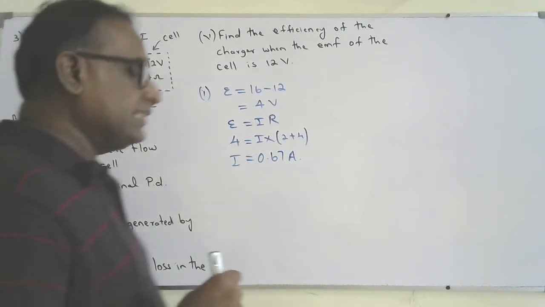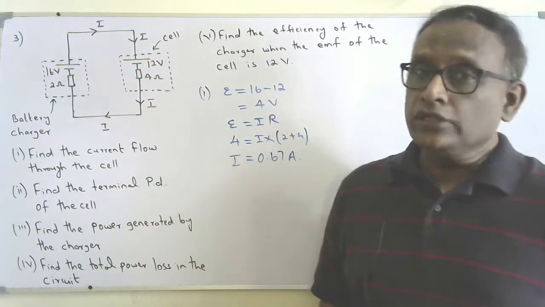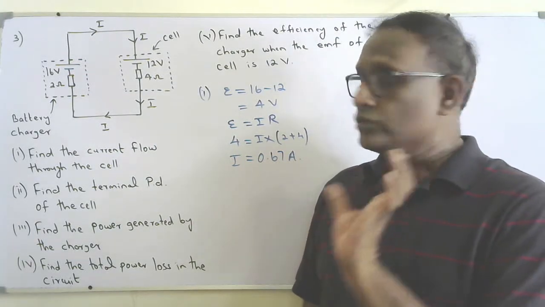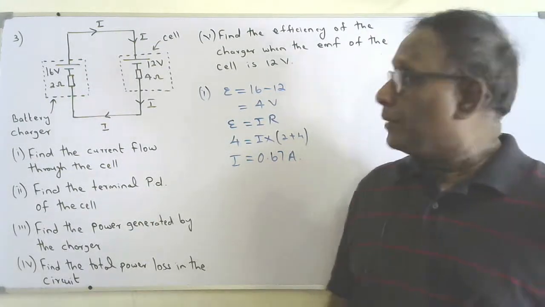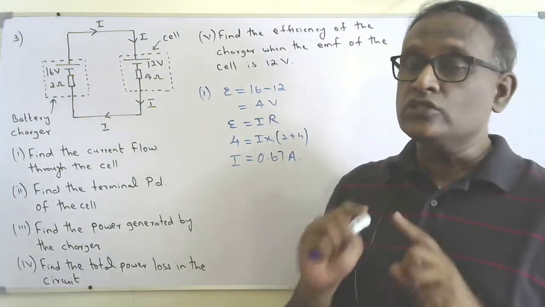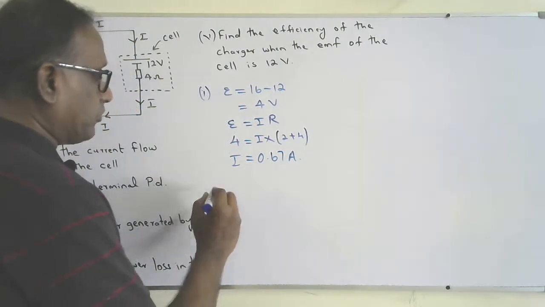Okay, second part, find the terminal potential difference of the cell. So we know that V equals E minus Ir whenever we are using a cell to supply power to a circuit. But here the current is going into the positive terminal. We can use V equals E minus Ir when current comes out of a positive terminal.